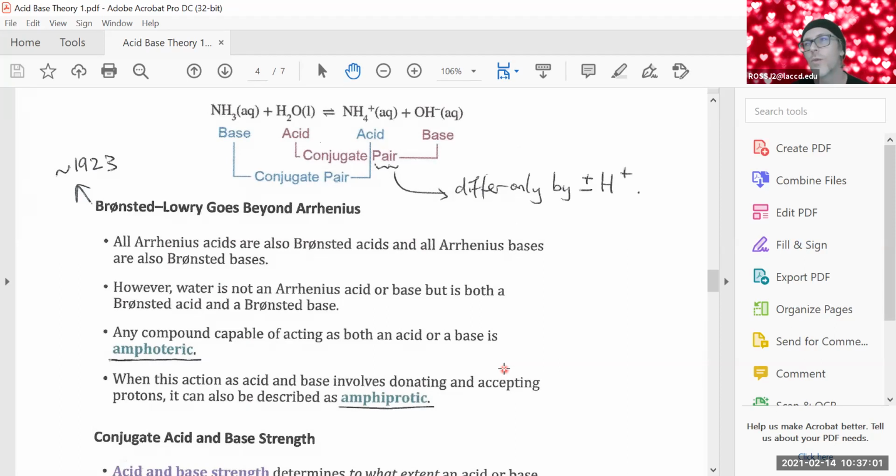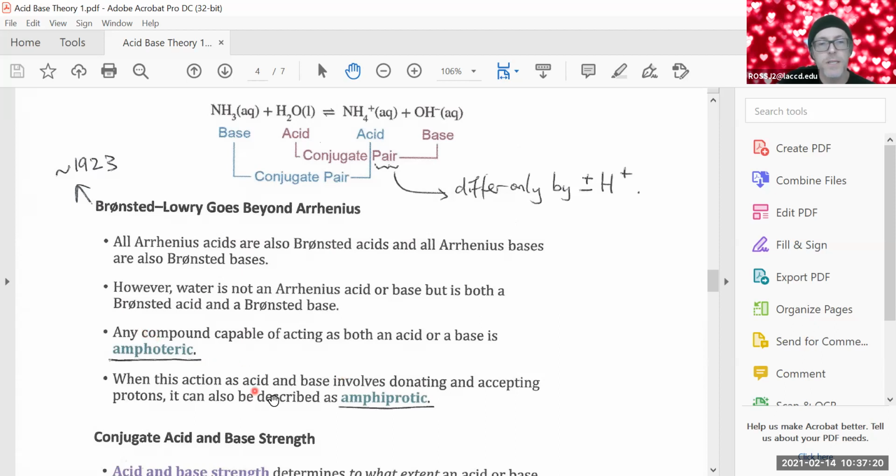And you won't really appreciate that till later on when we look at salts, but that will be in later acid-base theory videos when we look at the acid-base properties of different salts. But more on that later.